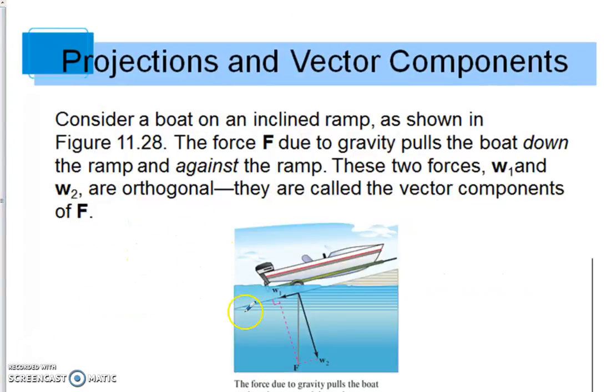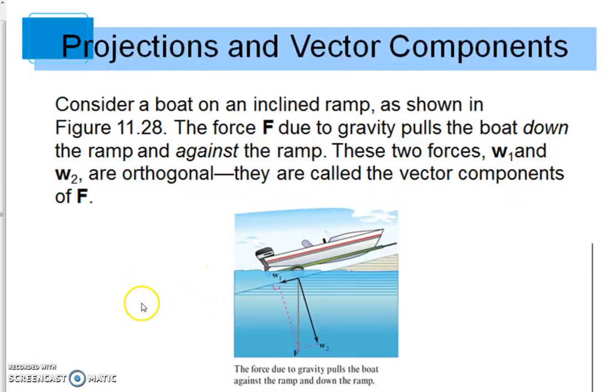Here is an application. We're not going to solve it, but here's what we're going to take a look at. One of the problems: we're going to consider a boat on this inclined ramp. And the force F due to gravity is the one going straight down here, and it has two component forces that together add up to that one. So W1 is this force of gravity down the ramp, if you would.